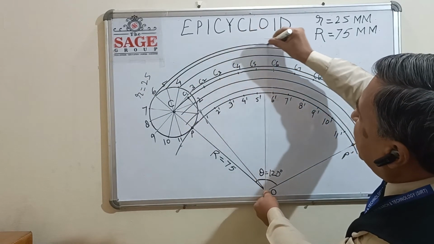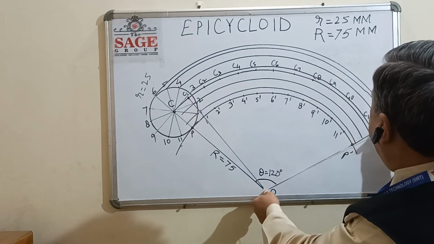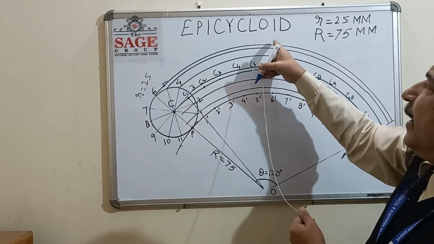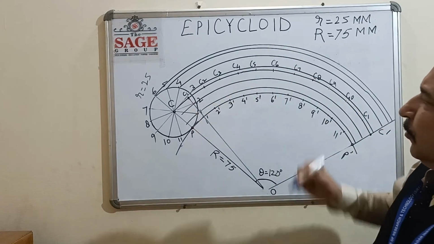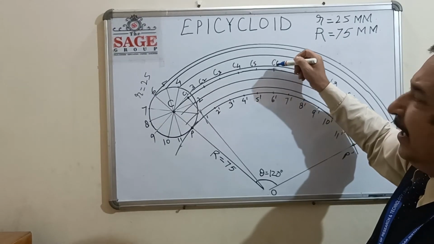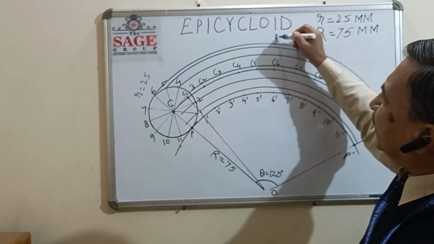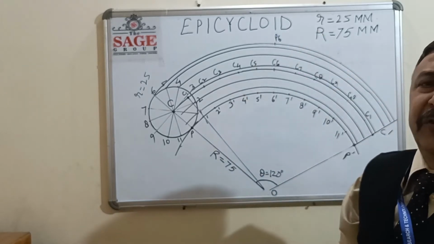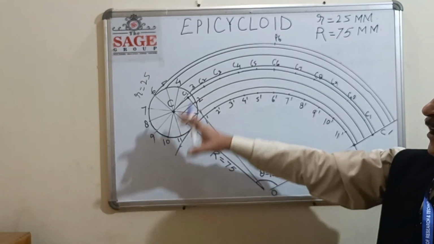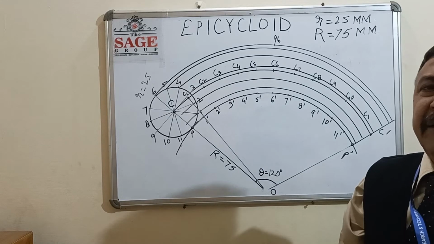On this path, we get our center point C6 and P6. Above 6 dash we have C6, and above this we have our point P6, as you know in cycloid. Okay. Now after drawing these curved paths, we have to mark the points.